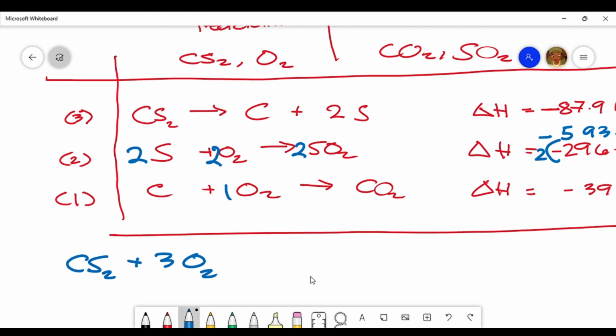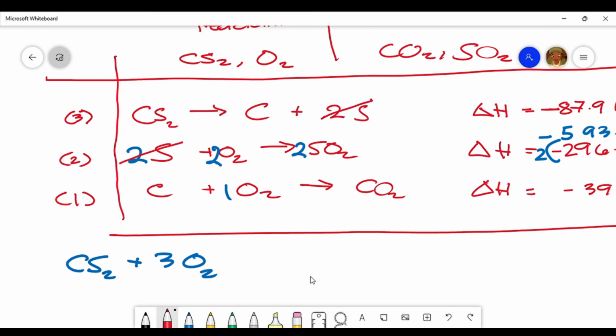And notice that we can cancel the 2S on the product side of the third equation and the 2S in the second equation on the reactant side. We can actually cancel common terms if they are in opposite directions, if the first one is in the product and the second is in the reactant. So we do not have 2S anymore.